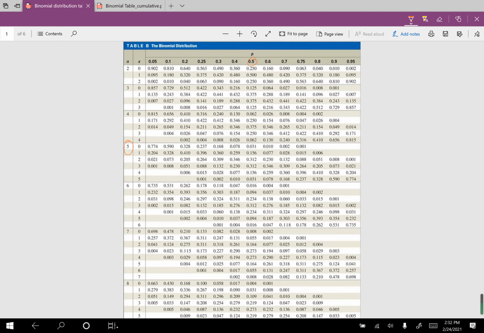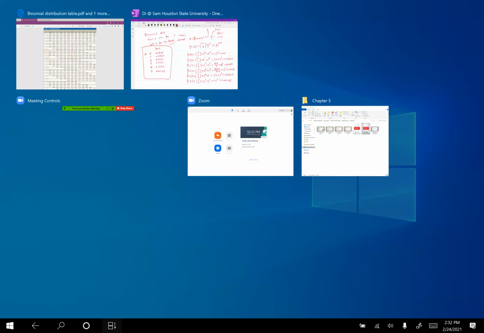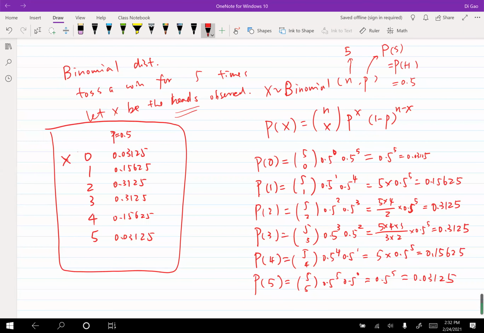When n equals 5, x can take values 0 to 5, and the probabilities are here: 0.031, 0.156, 0.312, 0.312, 0.156, 0.031. If we compare with the calculation we have, they're the same.